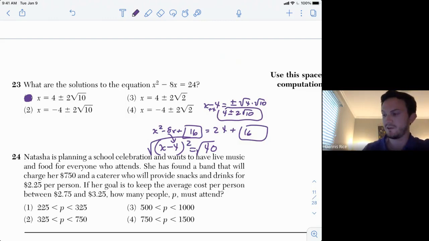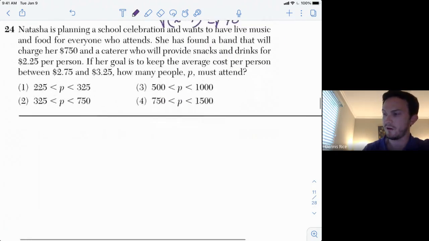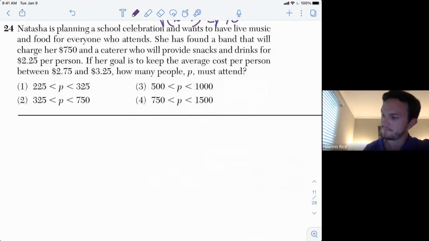Okay, so this is an interesting one. We have this sandwiched inequality here. So there's a few ways we can do this.